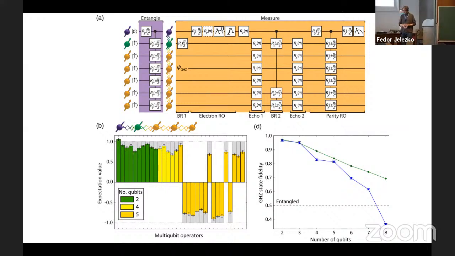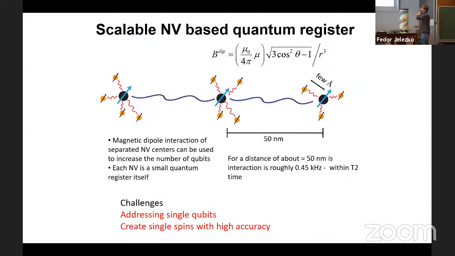The scalable design I would like to discuss today is actually a design that is based on these registers, consisting of the electron spin of the NV center and nuclear spins, but now connected via stronger dipole-dipole interaction to a next NV center electron spin. Remember, electron spins have a 1,000 times larger magnetic moment than nuclei.